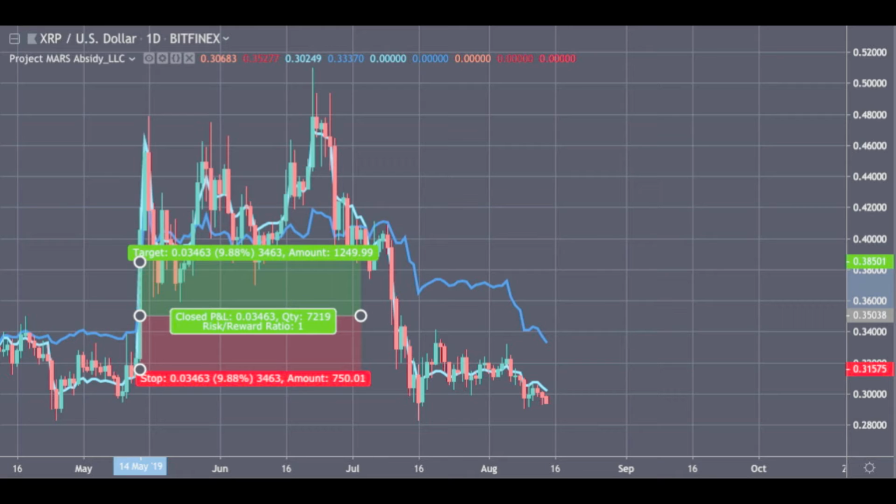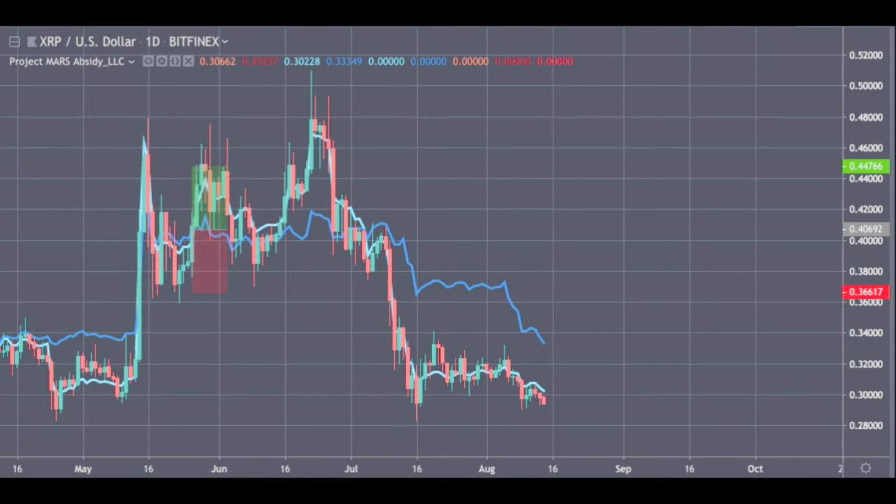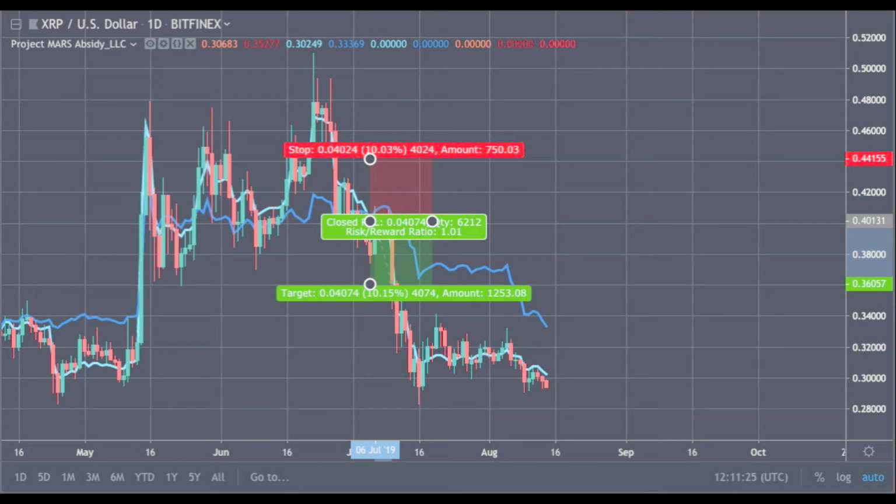Then, right after that, in that range, we would have had our next winning trade, which again would have netted us 10%. And lastly, we would have had another short signal at the beginning of July that would have netted us yet another 10%. This method has a very predictable winning to losing streak.